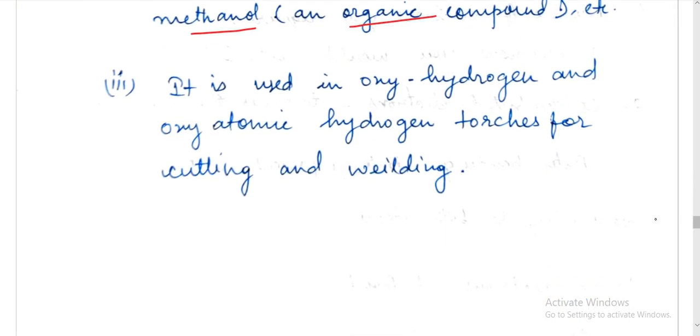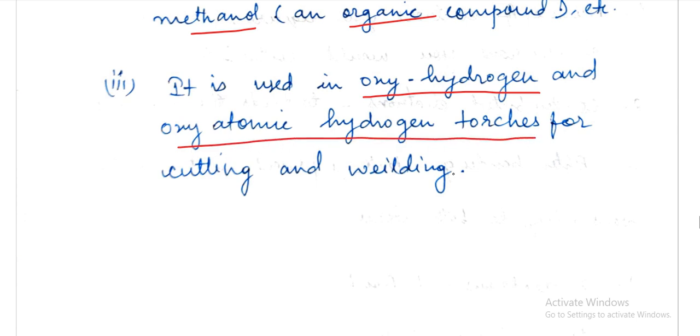Another important use of hydrogen gas is in oxyhydrogen and oxyatomic hydrogen torches, which are used for cutting and welding metals. You might have seen people who cut metal sheets or join metals using a gas torch, and in that gas torch two gases are mixed.